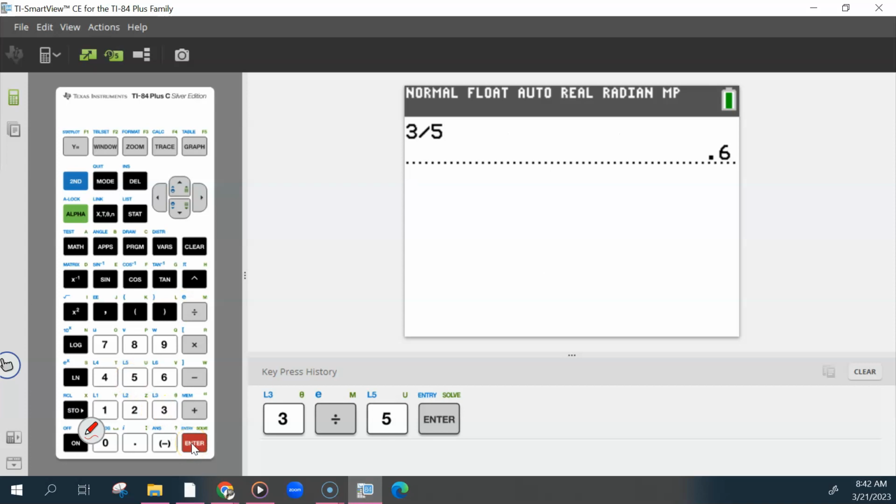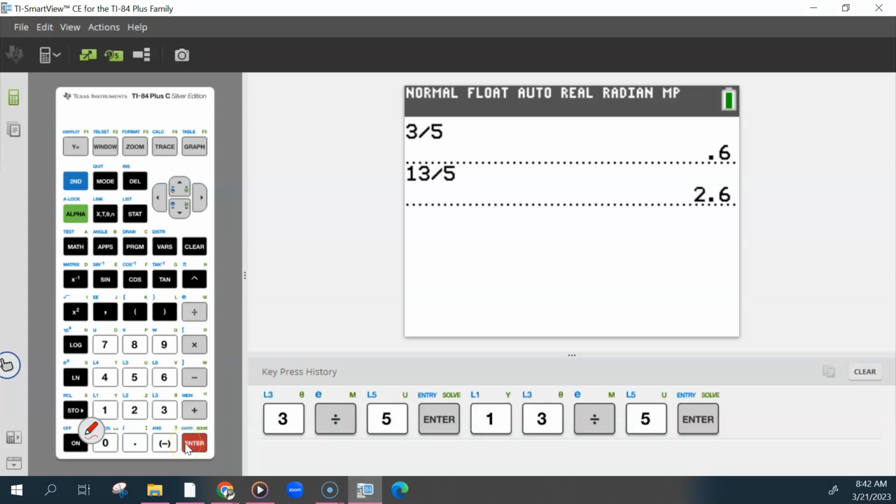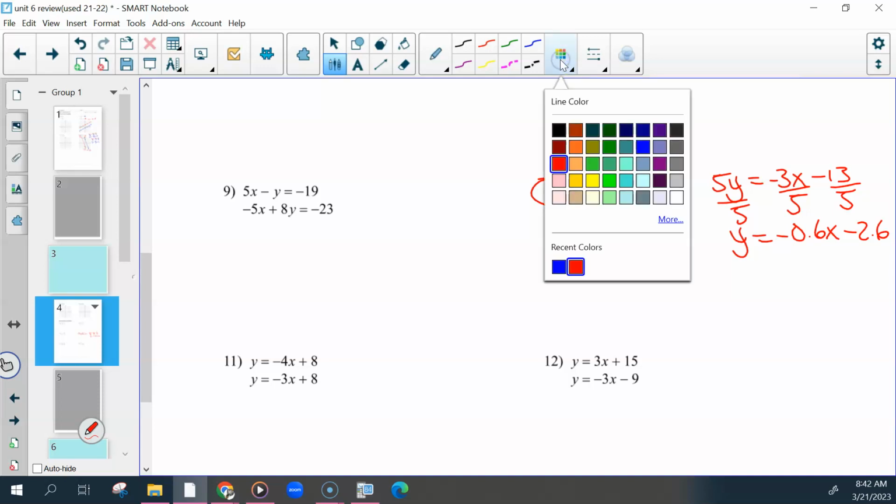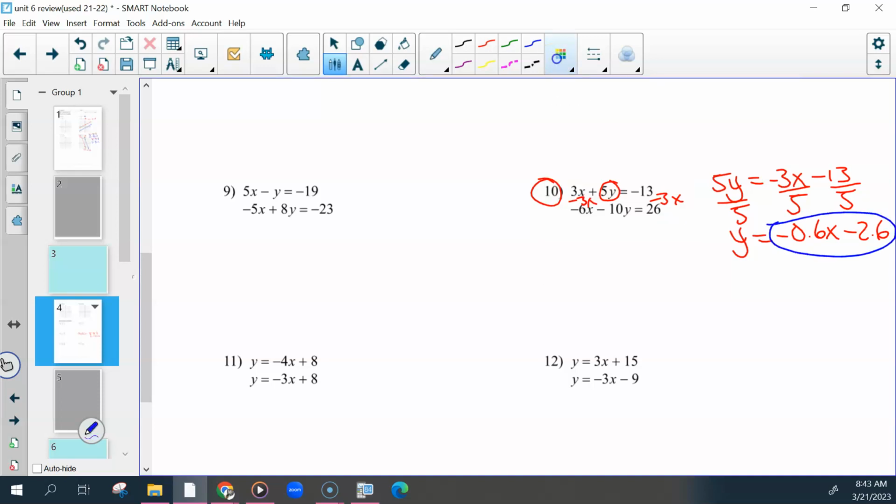So 0.6 and 2.6. What would we do now that we've solved that piece? What's the next step in substitution? Yeah. Take this piece, put it in the other y, rewrite it.